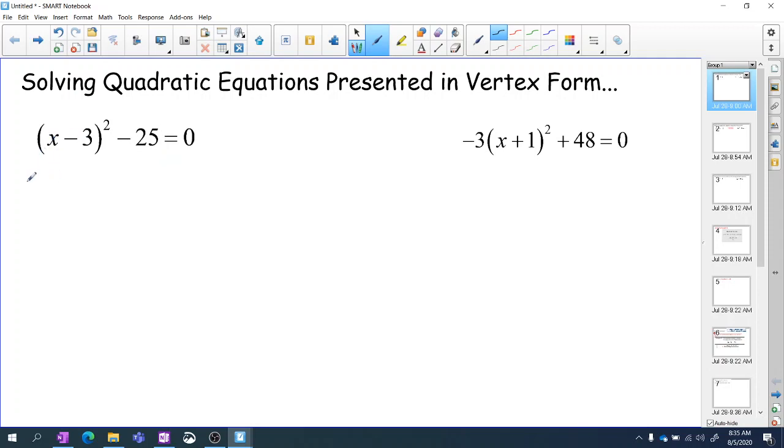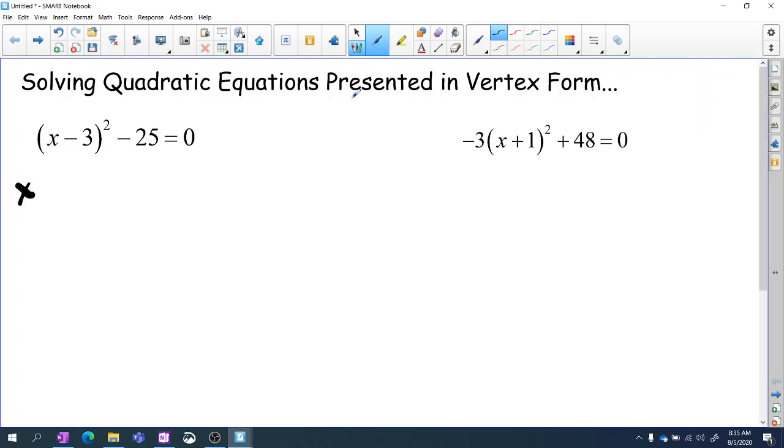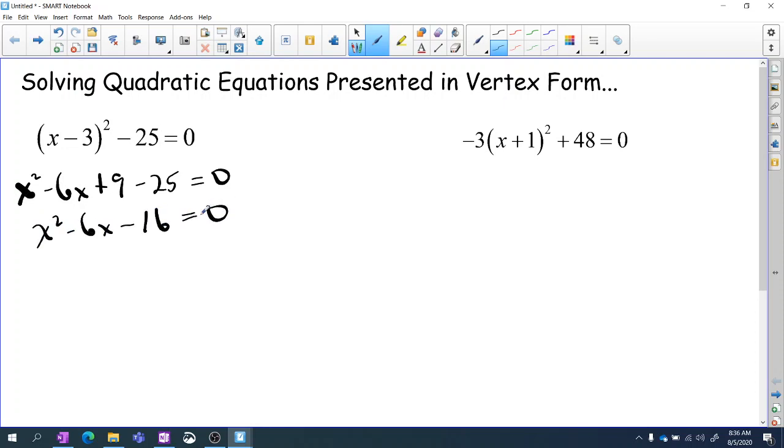So let's try that. Let's square this binomial: x squared, subtract 6x, so multiply and double, square the last one, take away 25, is equal to 0. X squared, subtract 6x, subtract 16, equals 0.